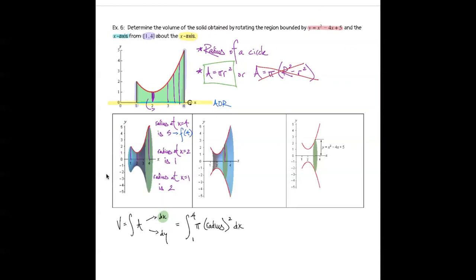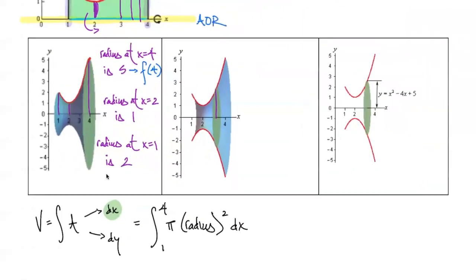Yeah, we get 2. Well, maybe that means that another way of saying the radius at x equals 1 is 2 is saying f of 1 equals 2. All right.